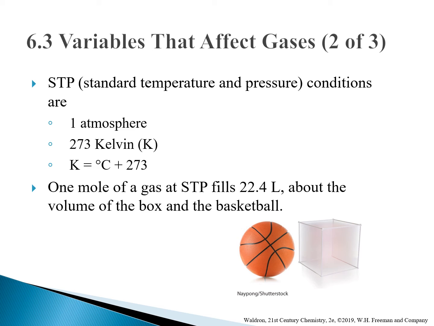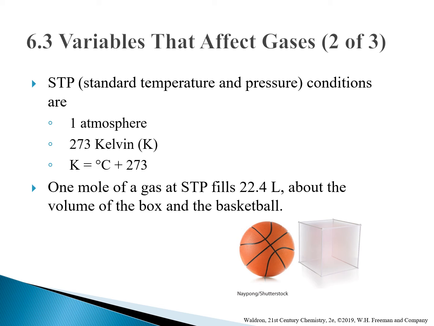The characteristics of gases change dramatically with temperature and pressure. Therefore, chemists have to define a standard temperature and pressure, aka STP, condition when working with gases. The temperature at STP is defined as 273 Kelvin or 0 degrees Celsius.